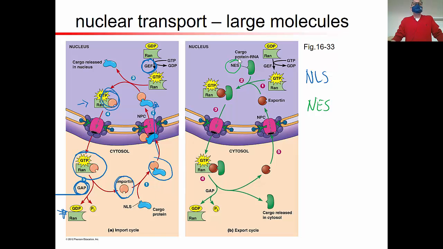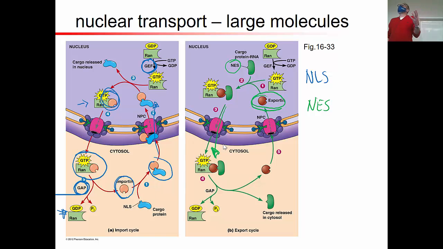So in this case, the exportin can only bind to its cargo when it's also bound to RAN GTP. So exportin will bind to RAN GTP. That allows it then to bind the cargo, and the whole thing is exported out of the nucleus.